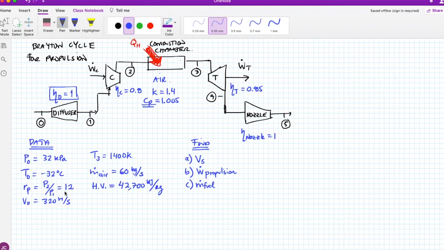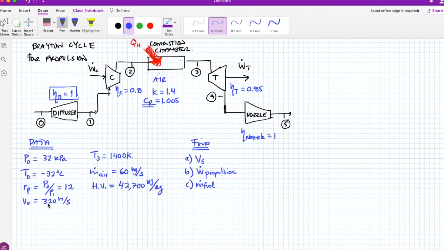You have a pressure ratio of 12. This happens across the compressor, so from 1 to 2 the pressure goes up 12 times. You have the entrance velocity at almost a typical commercial flying or cruising velocity: 320 meters per second. It's almost sonic. You almost got to that place, but no, still this is subsonic.